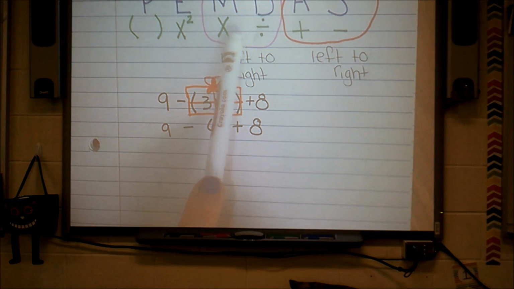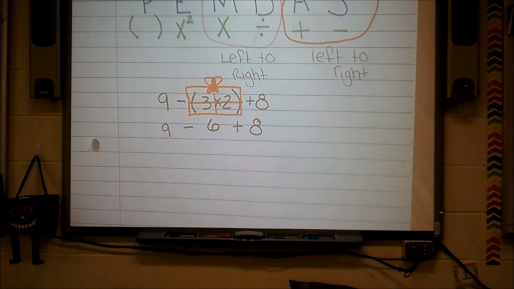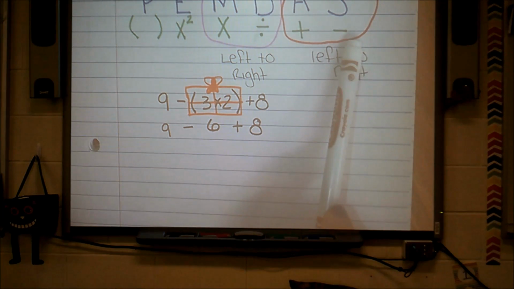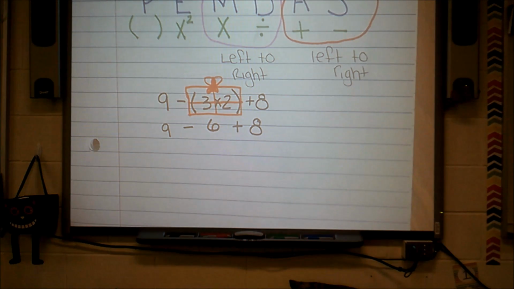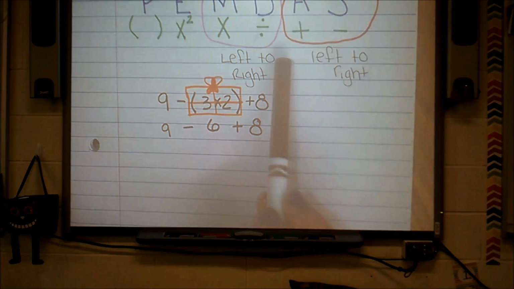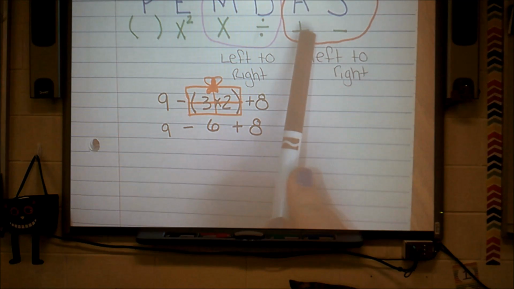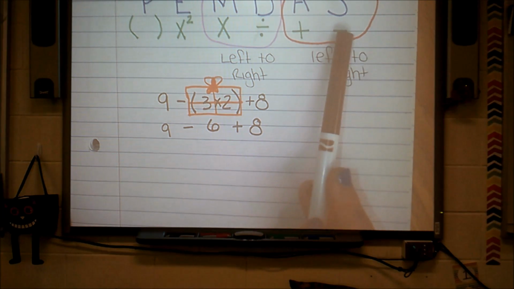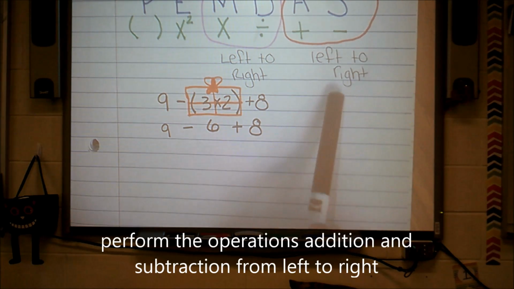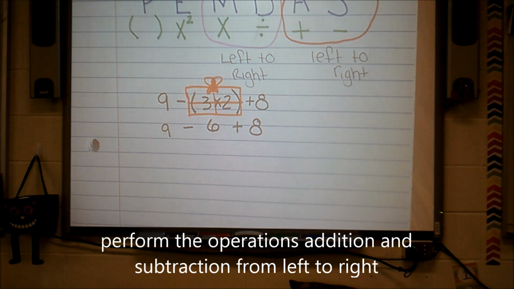Do I have a multiplication or division? Still don't see any. Do I have any addition or subtraction? Whoop, whoop, whoop. I see that. But I know addition and subtraction doesn't go addition, then subtraction. We read it from left to right. So from left to right, what is my first addition or subtraction?